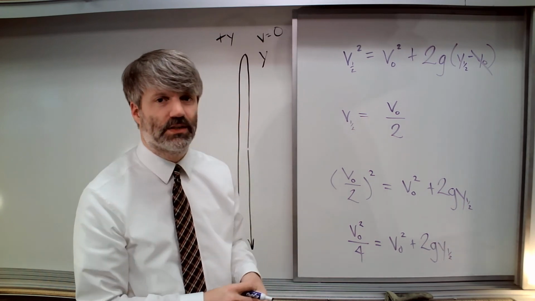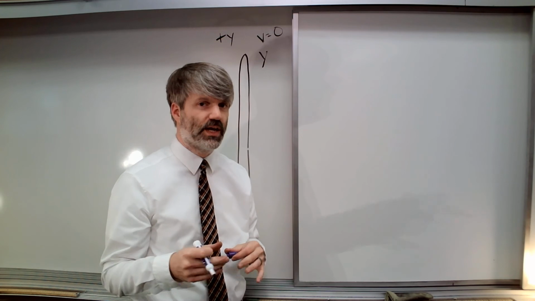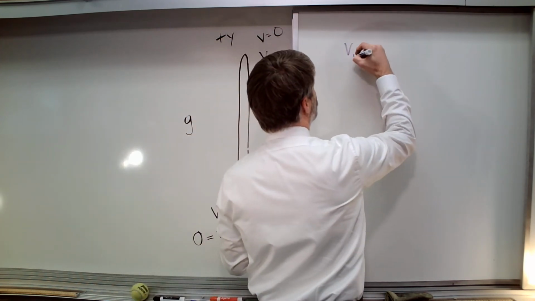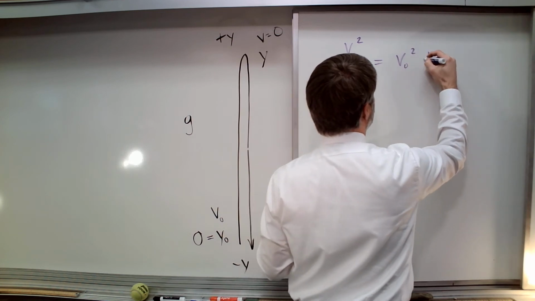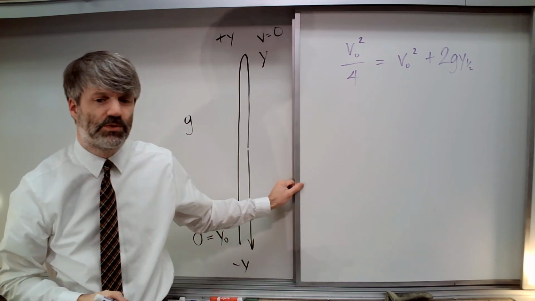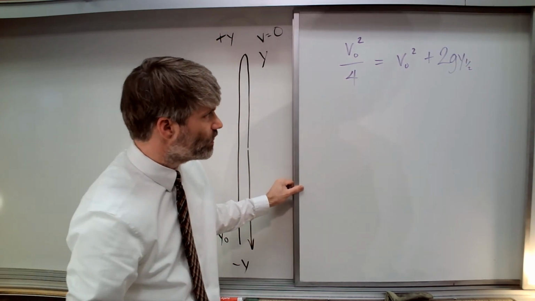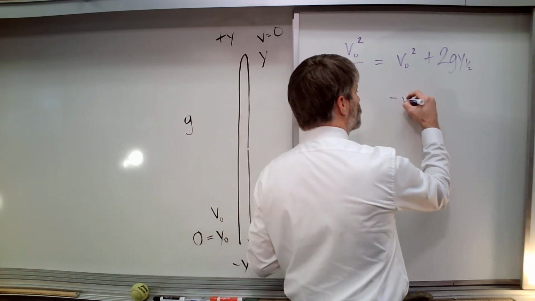At this point, I need a new board. I'm simply going to rewrite what I had before, remembering my new subscript this time. Next step is going to be to subtract v0 squared from both sides.